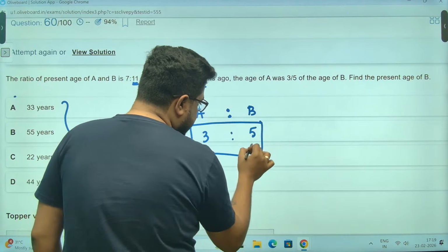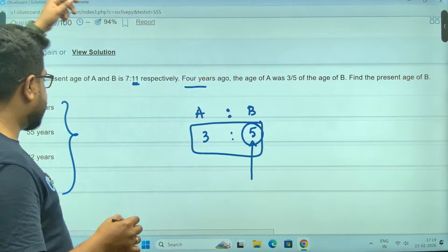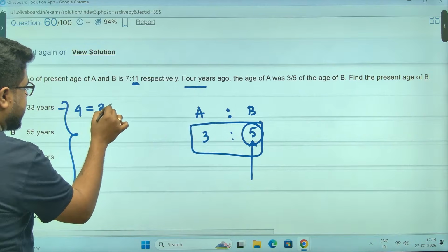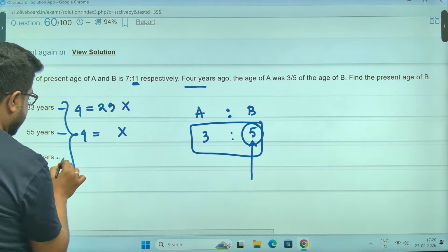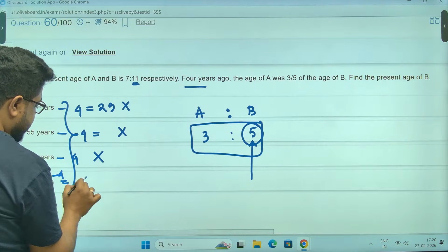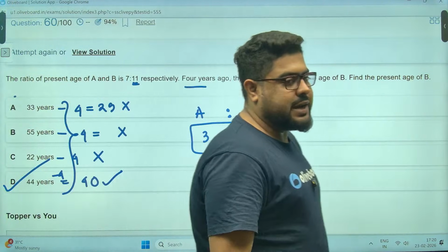So B has to be a multiple of 5, 4 years ago. So subtract 4. It has to be a multiple of 5. 29, minus 4, not a multiple of 5. Minus 4, not a multiple. Minus 4, 40. Yes, it's a multiple. That's my answer. Option D is the correct answer.